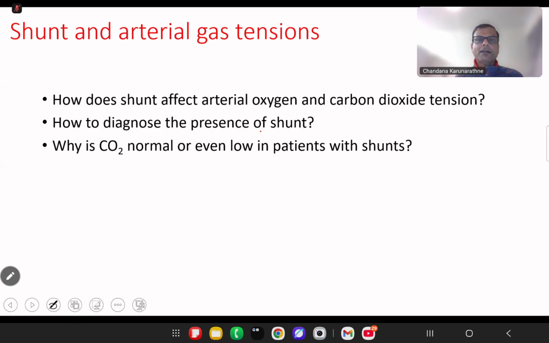How to diagnose a shunt before you get a cardiology review or echocardiogram or other fancy investigation? If you have a blood gas machine, how would you diagnose the presence of shunt? What do you usually do in a clinical setup?